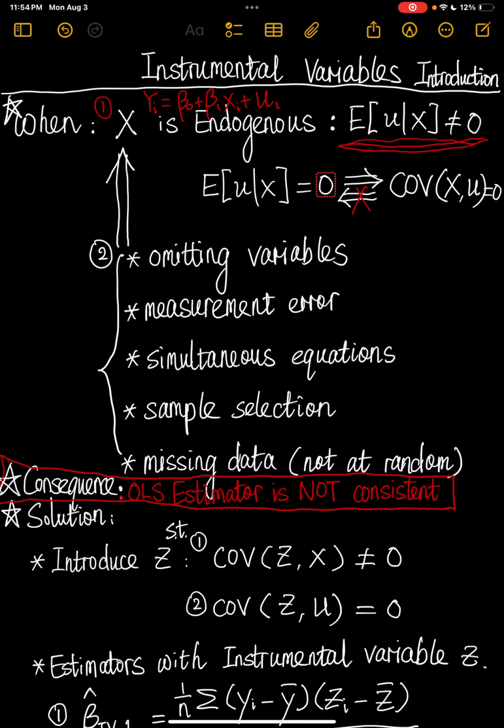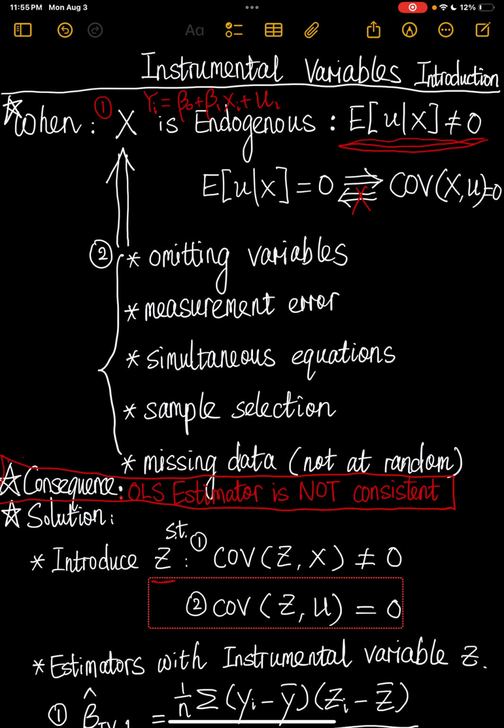Because it's very easy to skip some of the variables in the model, and then these omitted variables get absorbed in your error term. So in this case, what we can do is introduce another variable called the instrumental variable for x, and we call it z.